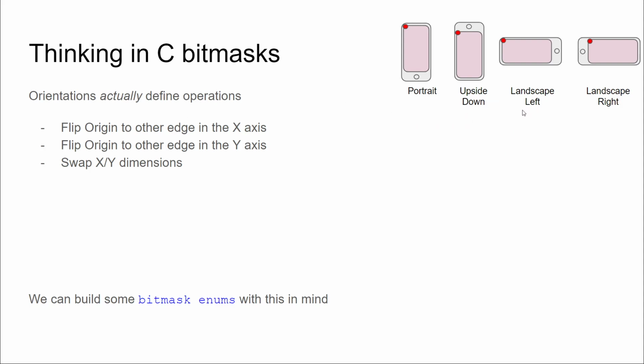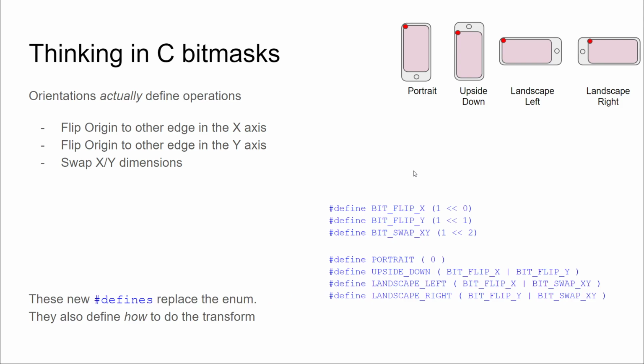You can see those happening here in the portrait. You flip it to the other end of the x-axis, and in the landscape you flip it to the other end of the y-axis. Other way around, sorry. And finally you have a way of swapping the x and y dimensions before you do this flipping. You can actually build some bitmask enums with this in mind, and they look something like this.